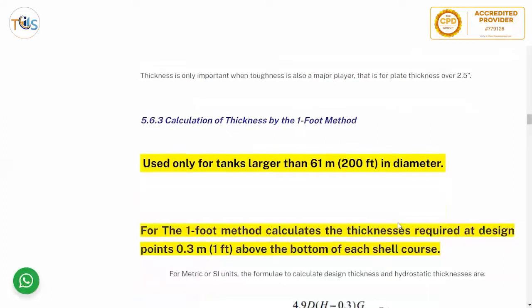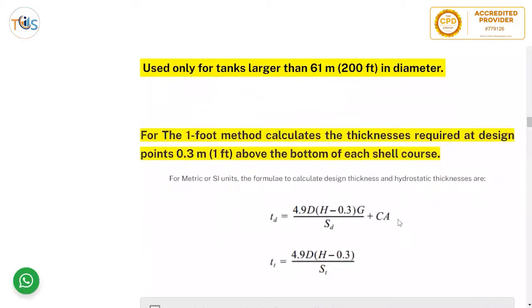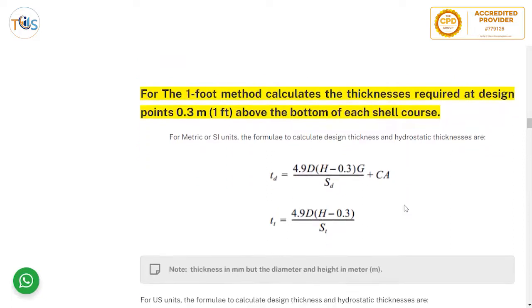Calculation of thickness by 1 foot method. Use only for tanks larger than 200 feet in diameter. For the 1 foot method, calculate the thickness required at the design points 0.3 meter or 1 foot above the bottom of each shell course.